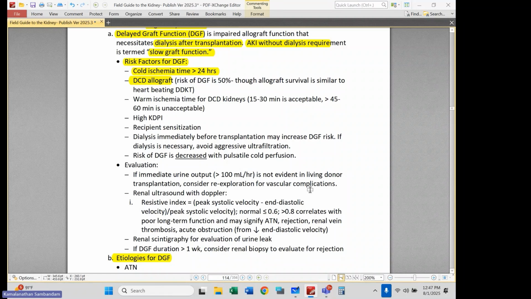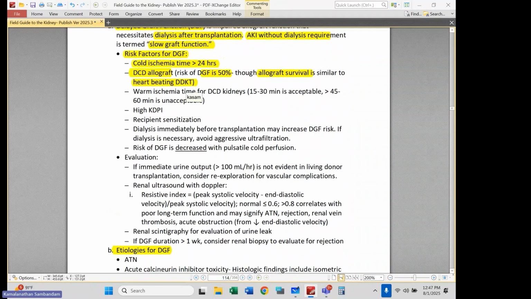That's warm ischemia time. So DGF can happen in 50% of these DCD transplantations, okay? But allograft survival seems to be just as good as the standard procurement of a brain dead donor. Again, warm ischemia time is not good. We try to keep warm ischemia time down to 15 to 30 minutes.